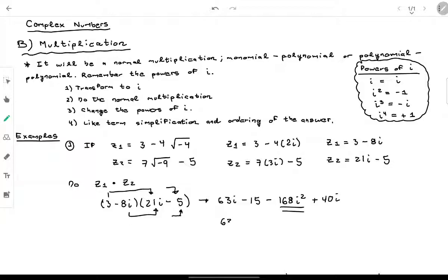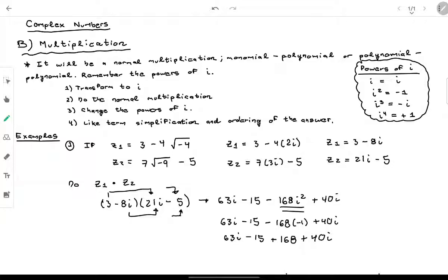So this one, i squared, remember it's going to be minus 1. So it's going to be 63i minus 15. Minus times minus is plus 168 plus 40i.